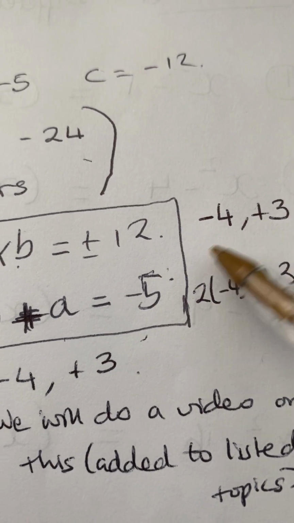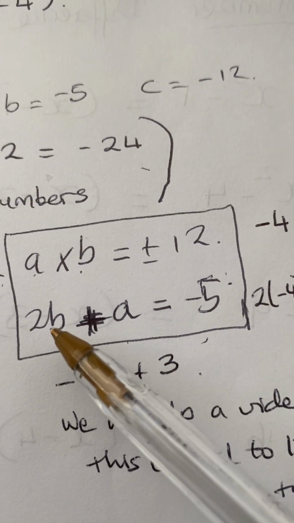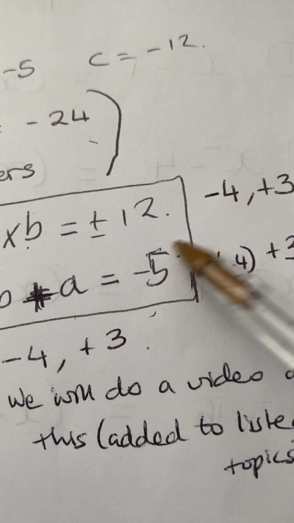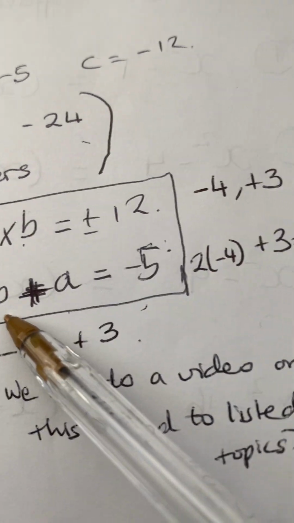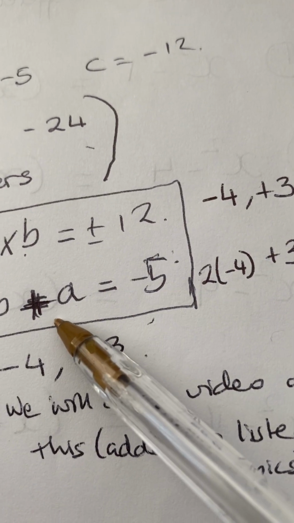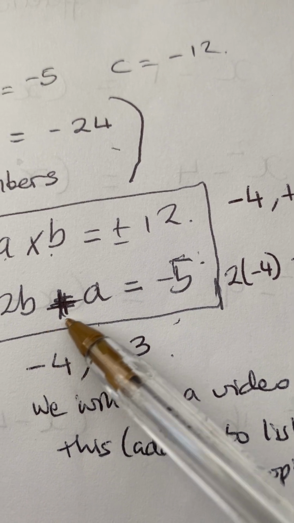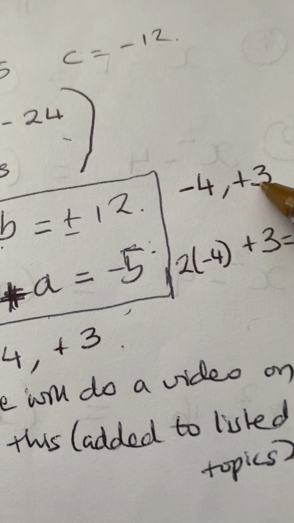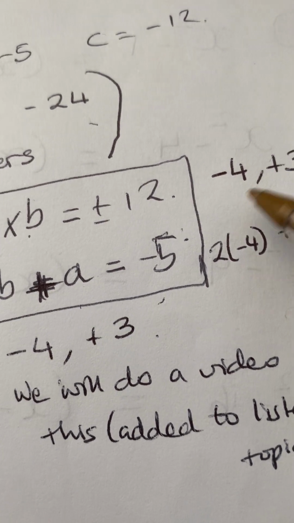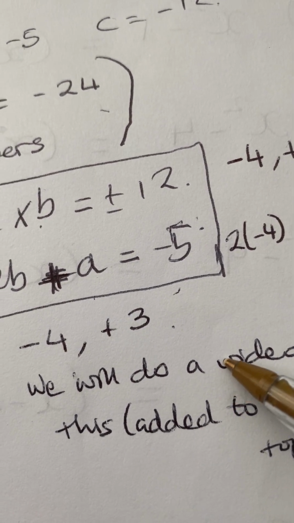So if b is minus 4, when I multiply 2 by minus 4, I get minus 8, plus a, which is 3, will give me minus 5. Okay, I've updated my list.